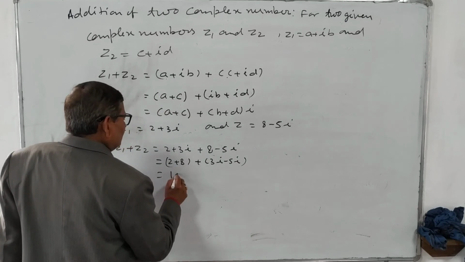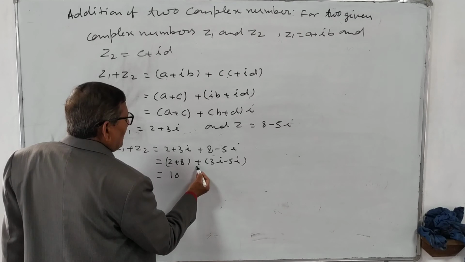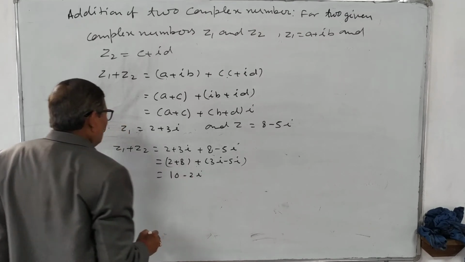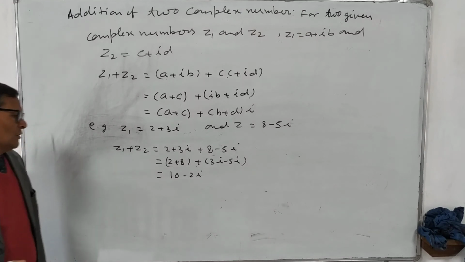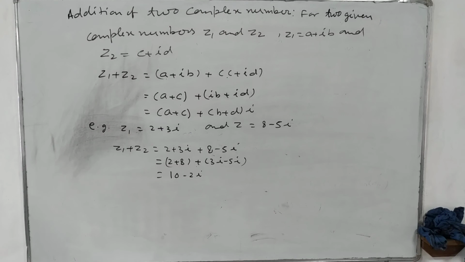That is 2 plus 8 is 10. 3i minus 5i is minus 2i. So your addition gives you 10 minus 2i. Your z1 plus z2 is 10 minus 2i.